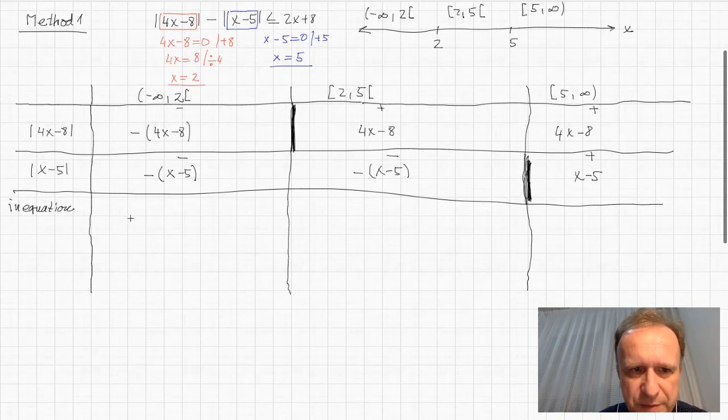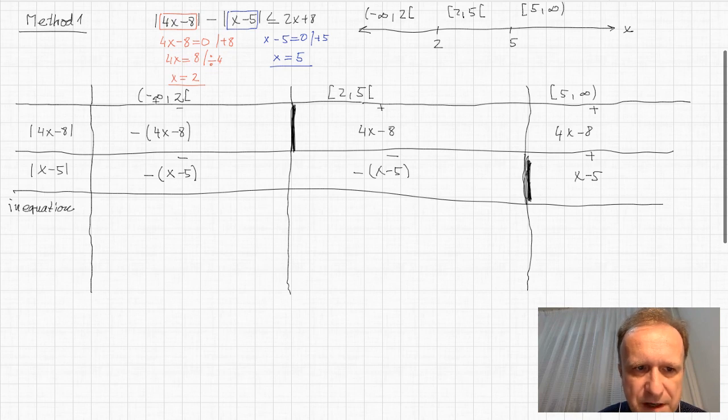Now let me copy the inequation by using this form, but this time I will replace the modulus expressions by the expressions without modulus signs. So on the first interval I have the following.